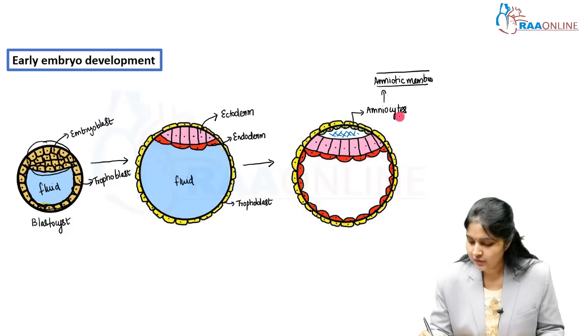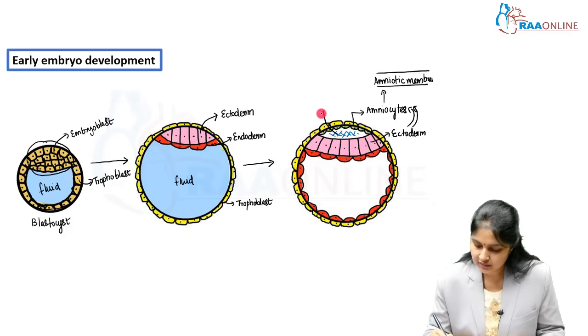This amniocyte arises from the ectoderm cells of the fetus. So the ectoderm gives rise to amniocytes, which are going to form the roof of this new cavity.